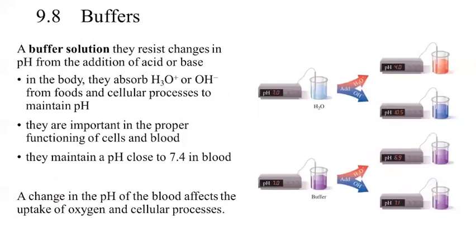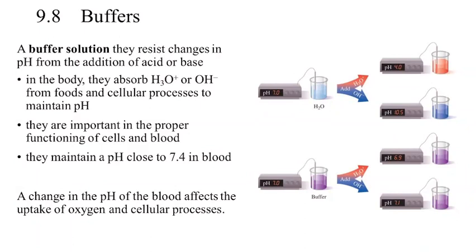A buffer is going to be a solution that is going to resist changes in pH when you add acids or when you add bases. Buffer solutions are very important. And in our body, we even have at least 4 known types of buffers that are going to regulate the pH in the body.